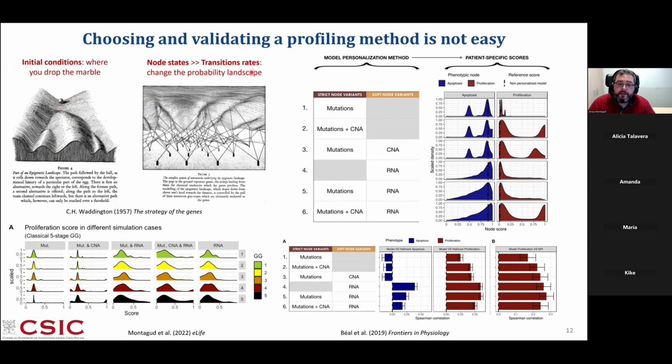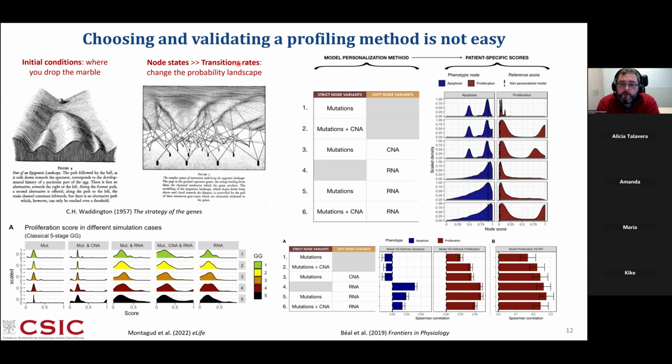If we change node states or transition rates, what we're doing is changing this landscape. We're going beneath this landscape, and we're pulling and pushing the different columns that this landscape has. So we can convert a mountain into a valley, and a valley into a mountain. And changing the node state has much more, let's say, transformative power than changing the transition rates.